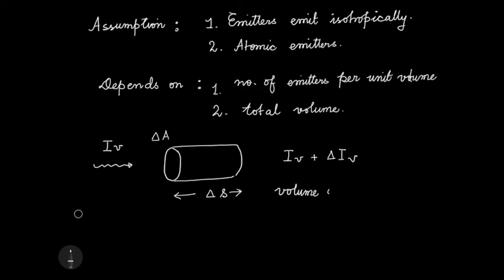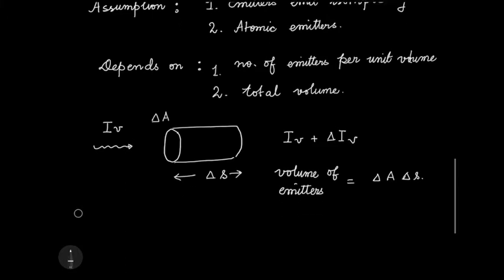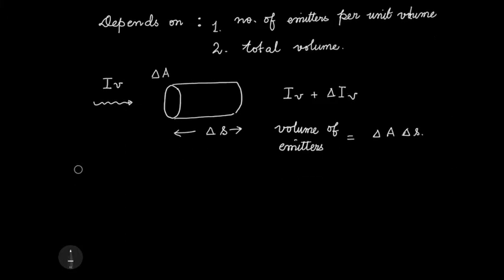So if I ask the question, the volume of emitters is simply delta A times delta S.